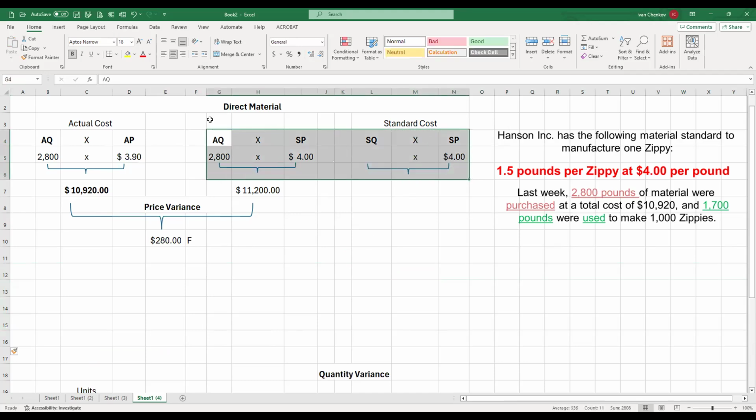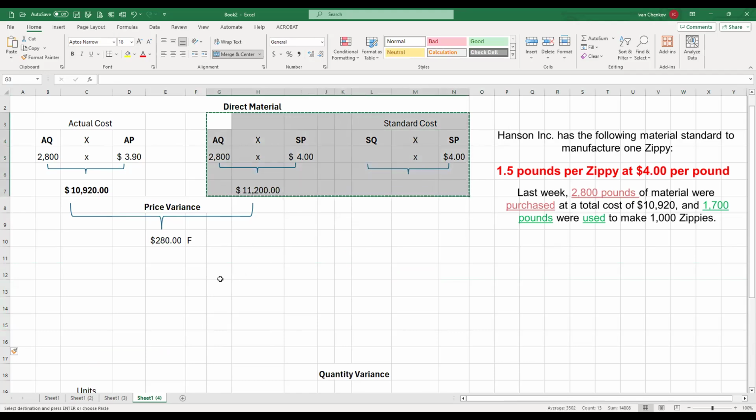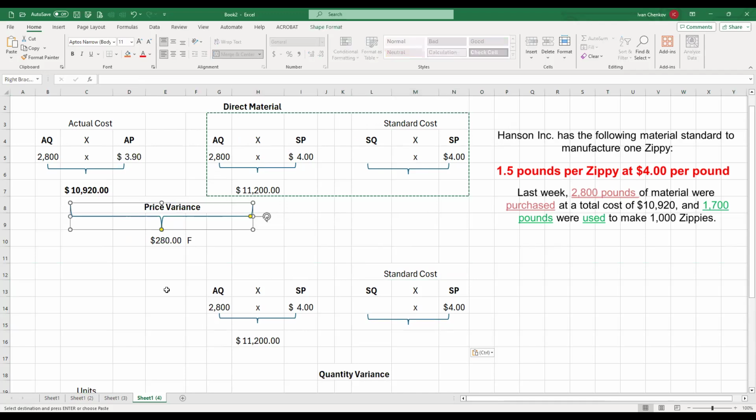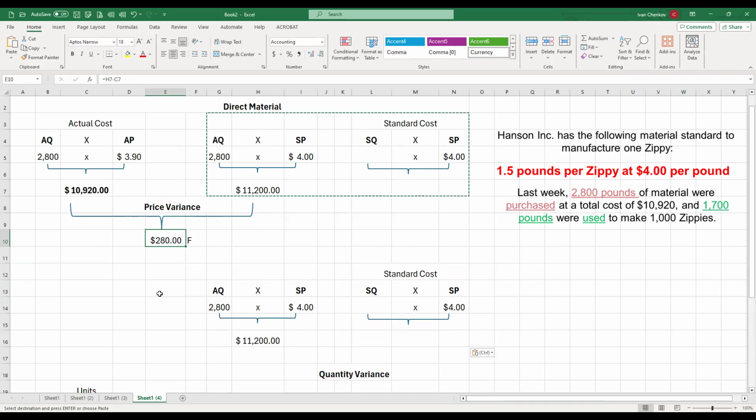And I'm gonna copy those ones, and I'm gonna move it down. Just like this. So again, from here I'm gonna get my price variance, 280.